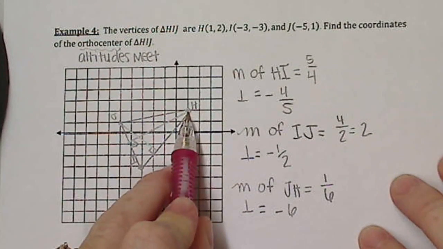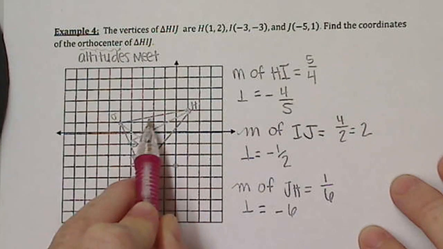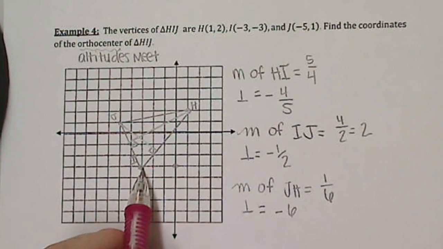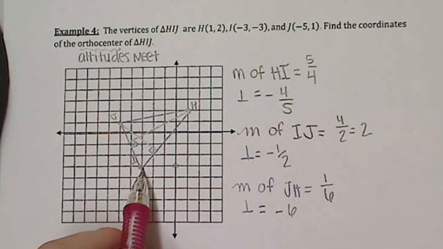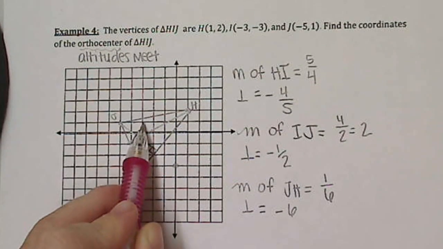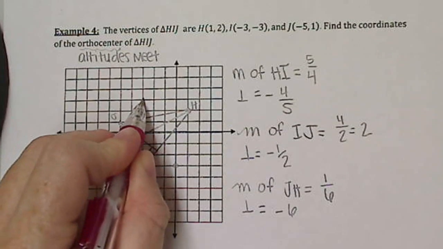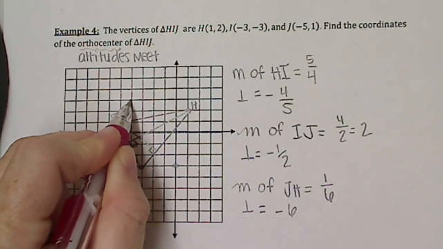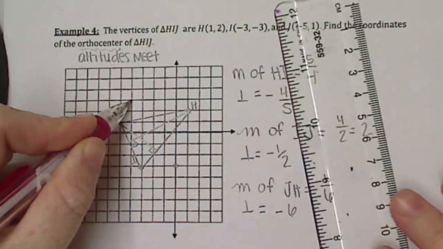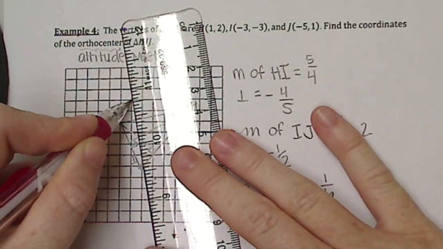So if I'm talking about this side, JH, I need to come across the street to letter I. Okay, it says 6. So I'm going to go up 6. 1, 2, 3, 4, 5, 6. And I'm going to go negative 1 right over here. Now I'm going to connect that point with my vertex.